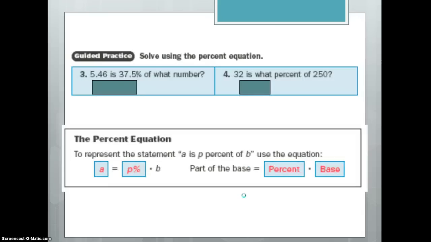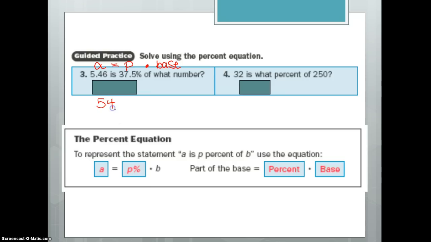For number 3 and 4, please solve the problem. Remember to use the fact that the word of, after the word of, is your base. And now the other number should fall into place, because this is your percent. A is 5.46.